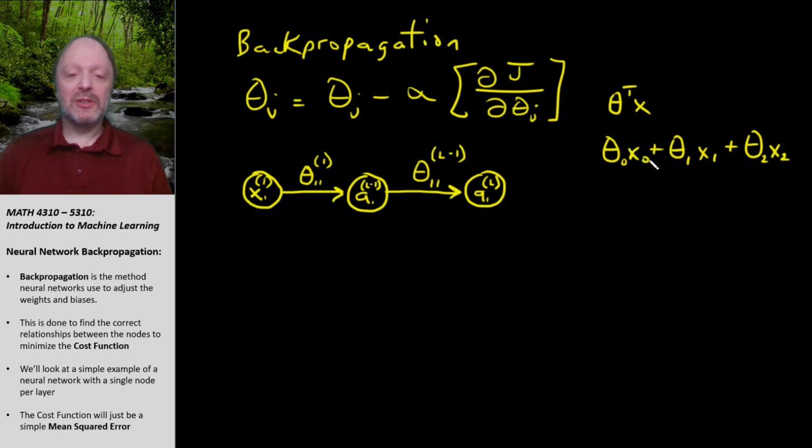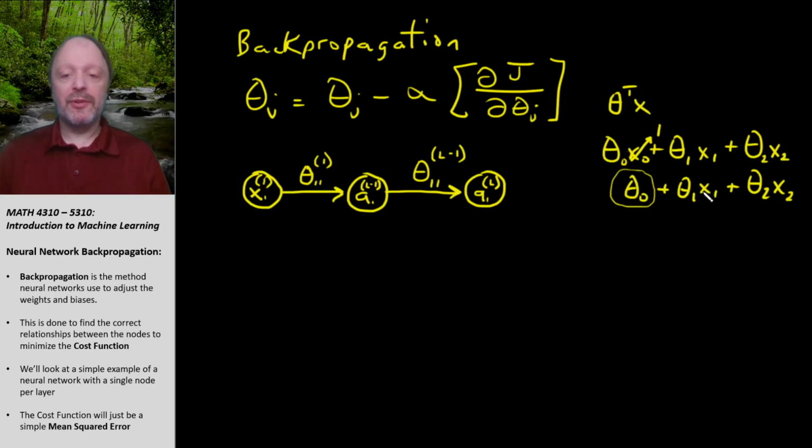Regardless, the very first value here, this x sub 0, is equal to a 1, right? And so, in effect, what we have here is theta sub 0 plus theta 1 x1 plus theta 2 x2. So, this is what's called the bias because it is untethered from the actual values that are getting sent in. It is a value that kind of stands alone.